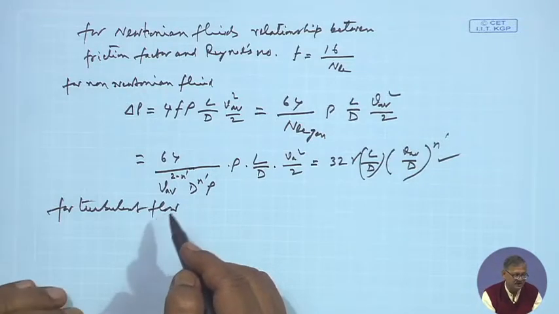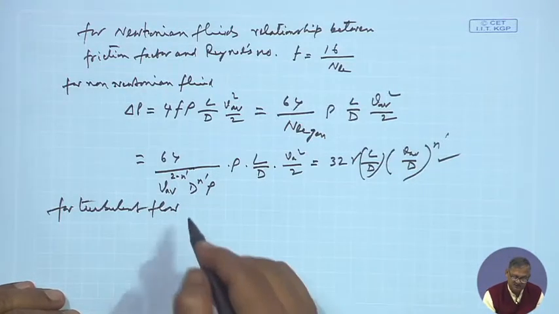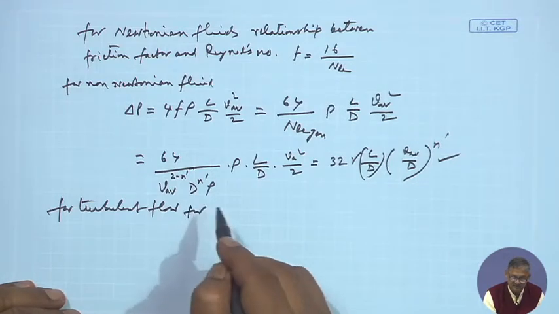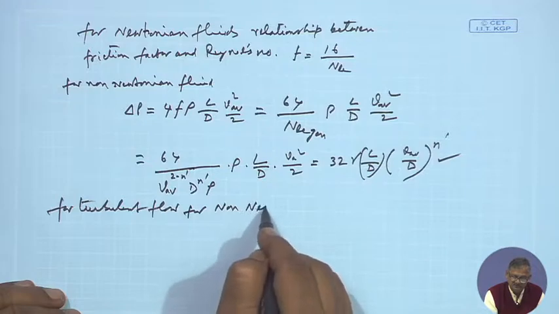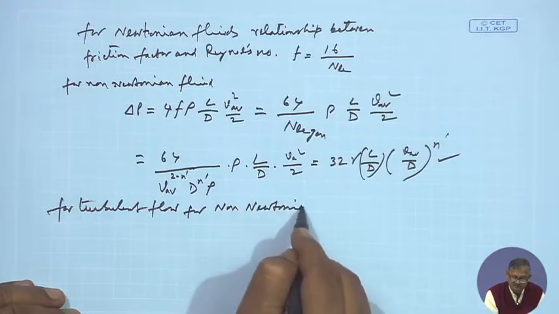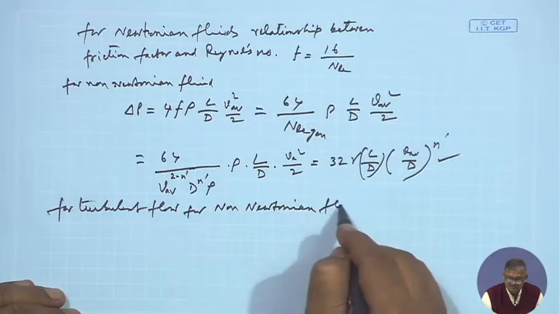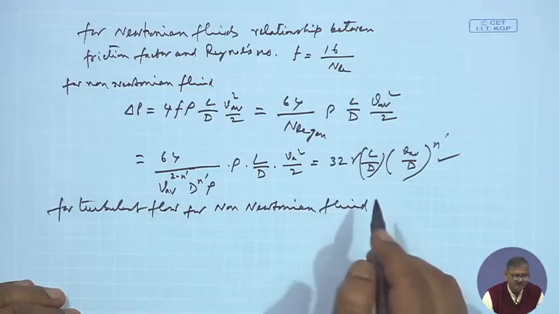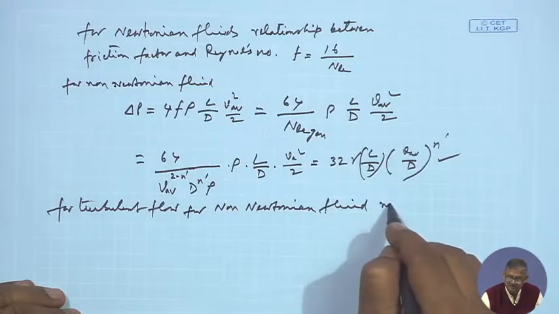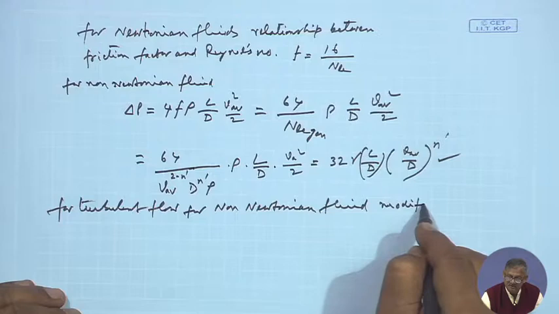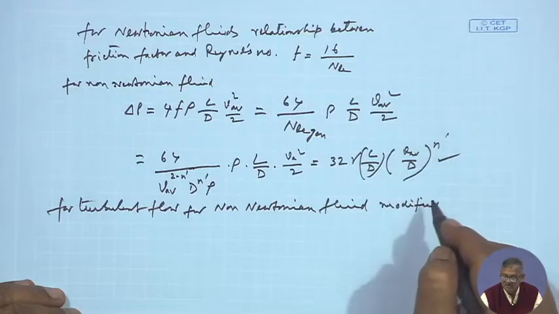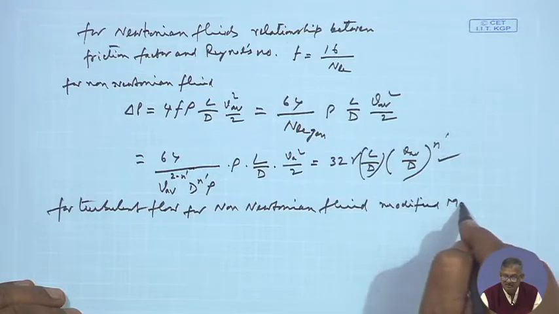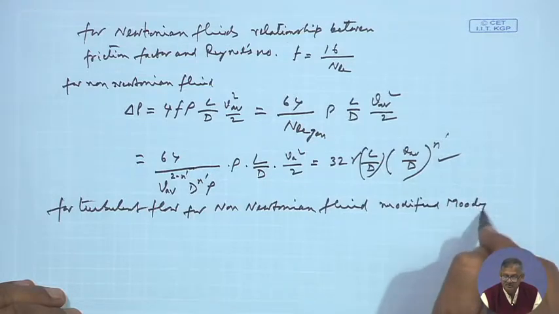So, now if we see for turbulent flow, the modified Moody's diagram for turbulent flow for non-Newtonian fluid, because we have seen Moody's diagram for Newtonian fluid.